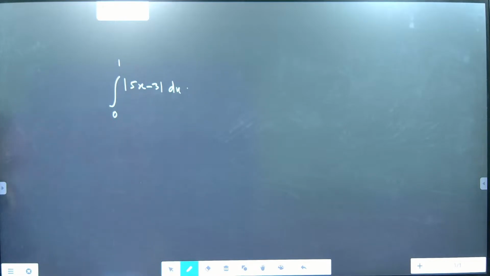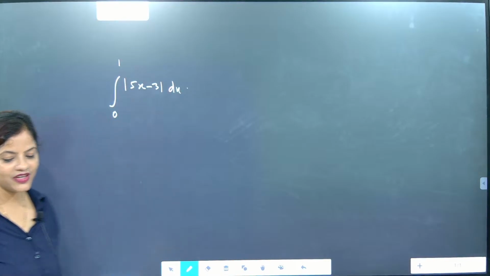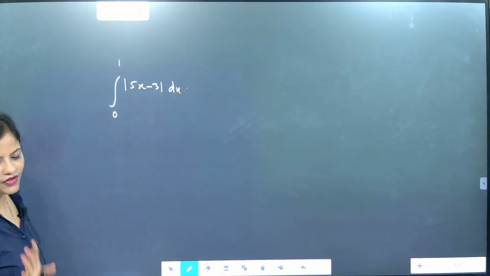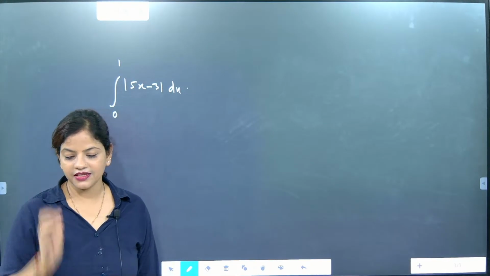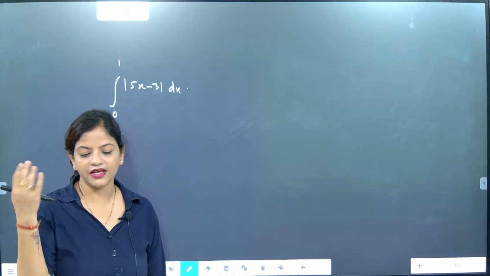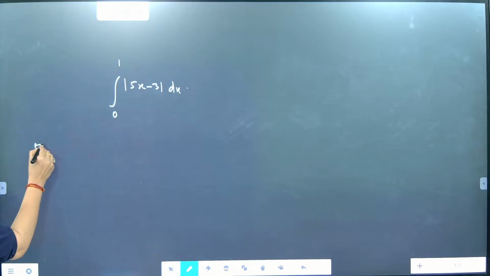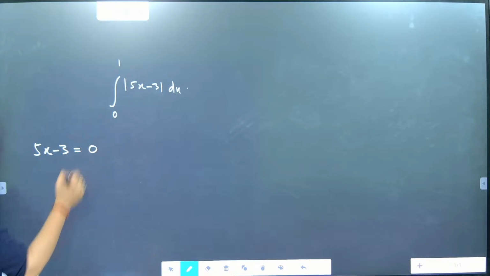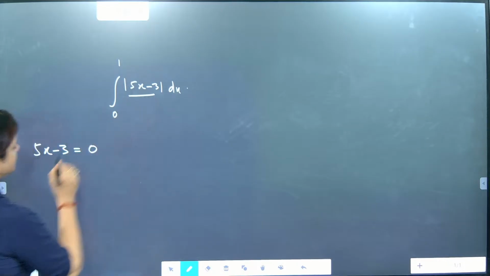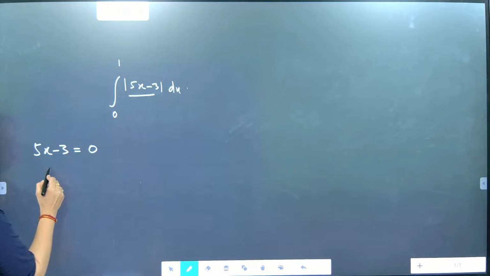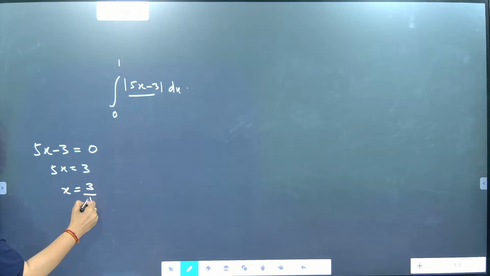Now look here. The modulus of 5x minus 3 is there. Take this, make it equal to 0, and then find the interval. First, 5x minus 3 equal to 0, so 5x will be equal to 3, x will be equal to 3 by 5.